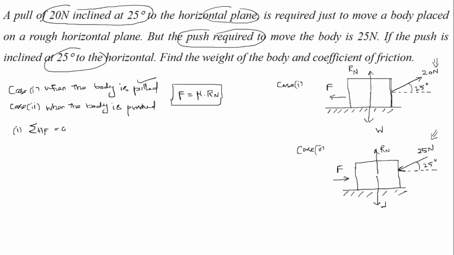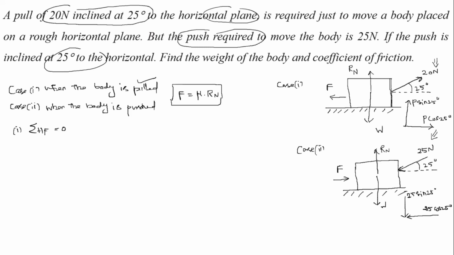Here the applied pulling force is divided into two components, a horizontal component and a vertical component: P cos 25 degree and P sin 25 degree. Similarly, the pushing force is divided into two components: 25 Newton cos 25 degree and 25 Newton sin 25 degree.